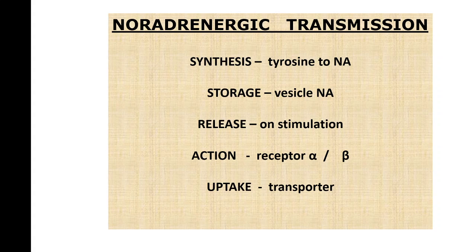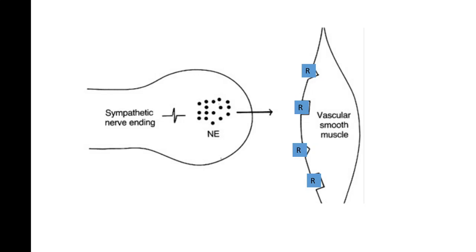After that action, the termination of action is due to uptake of noradrenaline again in the nerve endings by molecules known as transporters, and that noradrenaline will be metabolized by two enzymes, catechol O-methyl transferase and monoamine oxidase. So this is a general or basic outline of neurohumoral transmission in the sympathetic system.